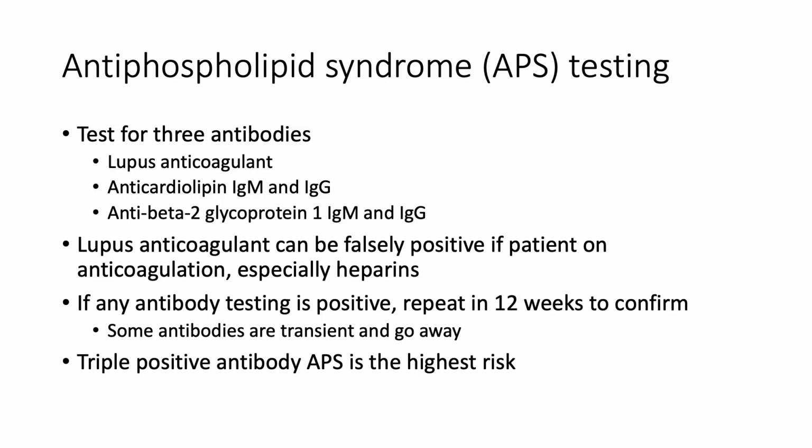So usually this is something you can do later. If any antibody testing is positive, you got to repeat it in 12 weeks to confirm, because these antibodies are frequently transient and will go away. But if they're still present in 12 weeks, then that confirms the diagnosis. If they have all 3 antibodies, we call that triple positive APS, and they have the highest risk of bad outcomes.